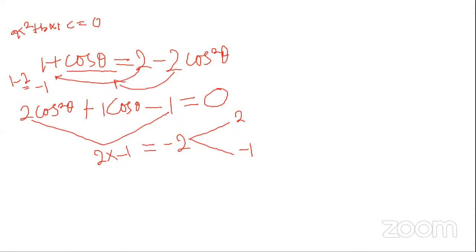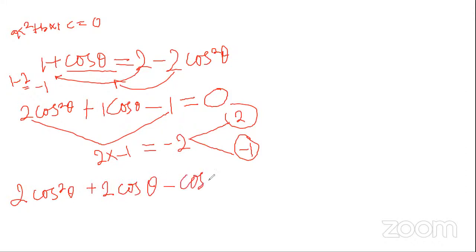Okay, thank you. So our factors are 2 and -1. We are going to substitute them where we have cos. So that means we shall have 2 cos squared theta plus 2 cos theta minus cos theta minus 1 is equal to 0.